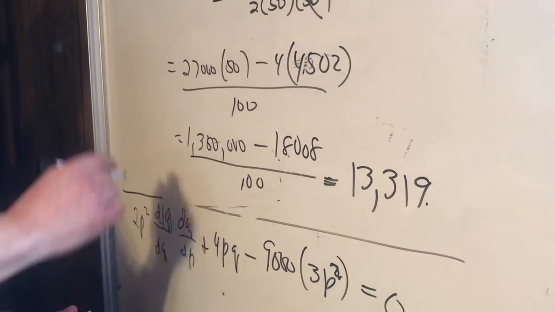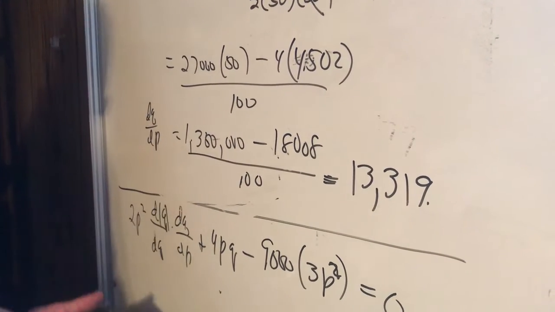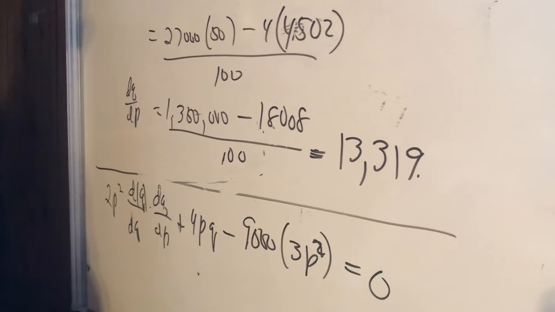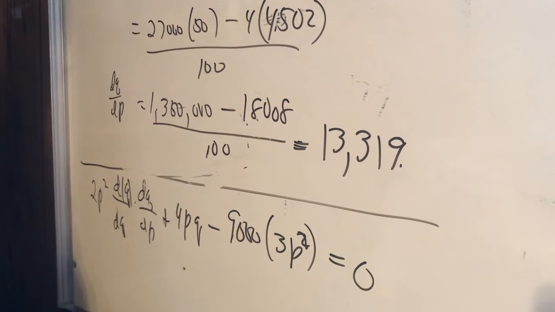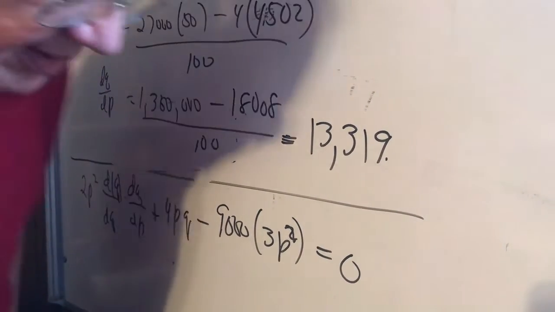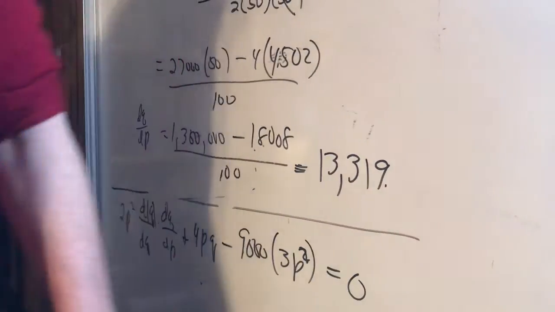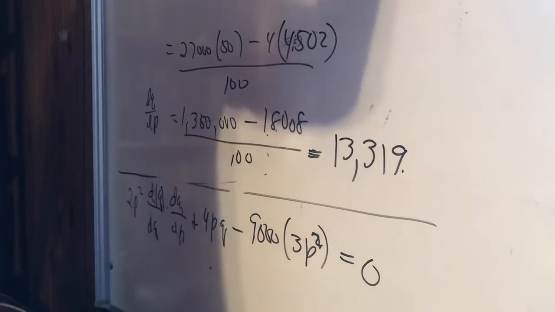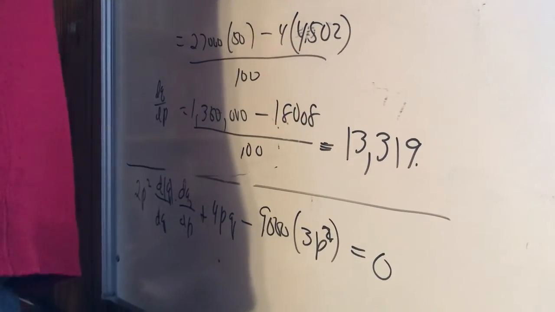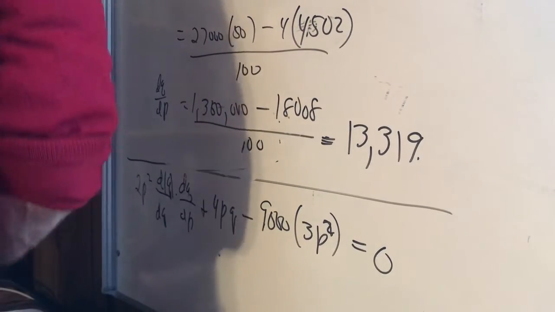So this is dQ/dP, which seems like this might be the one that dominates our elasticity. Well, let's put it into our elasticity equation and see what we get here.